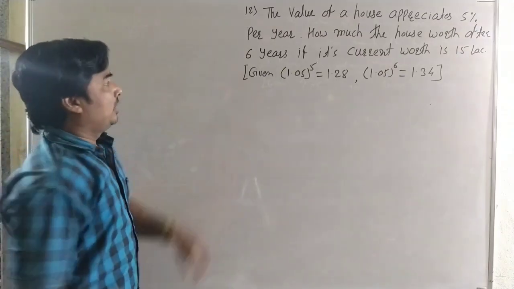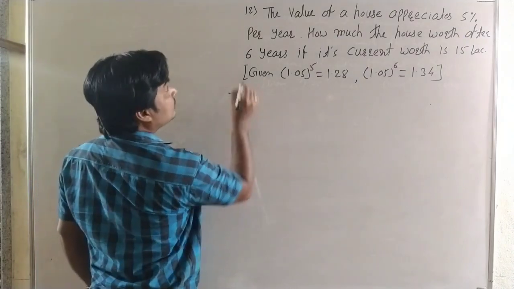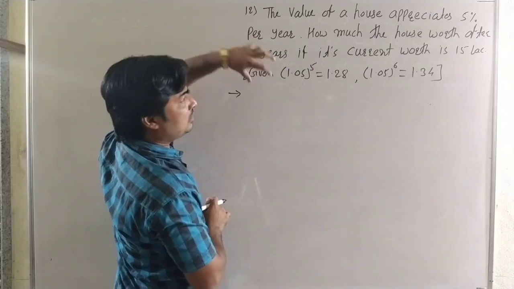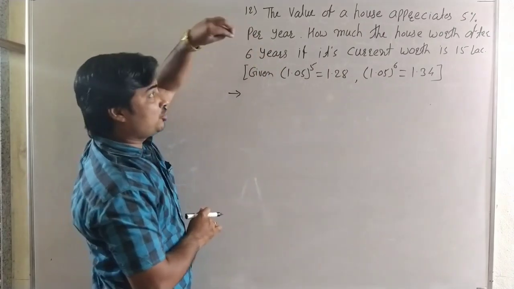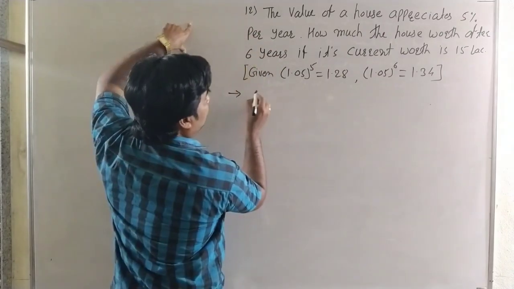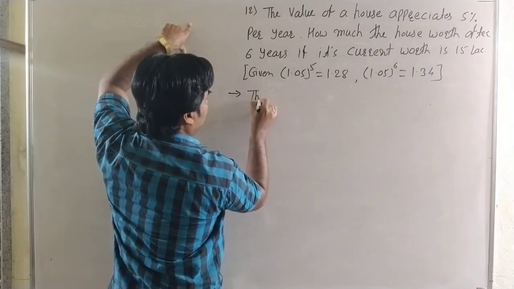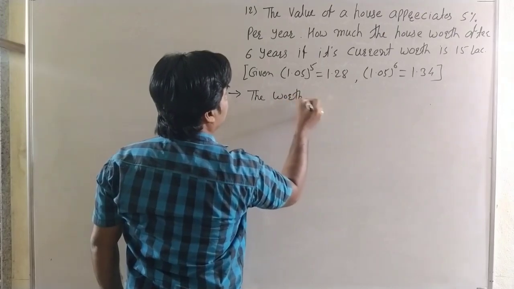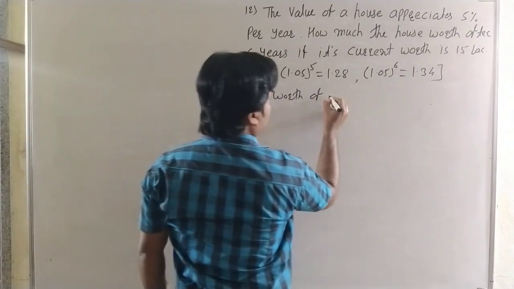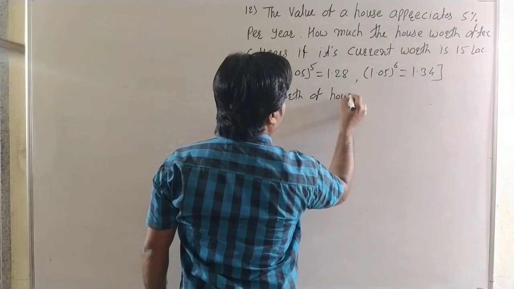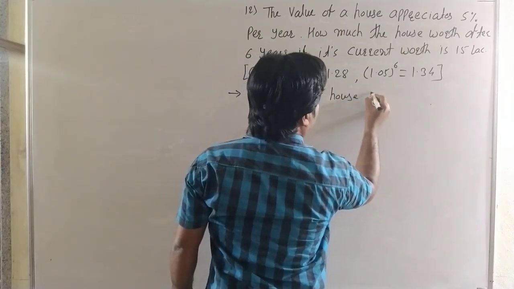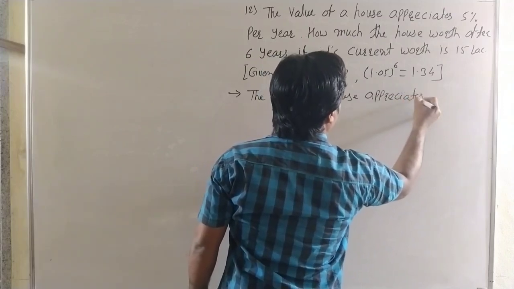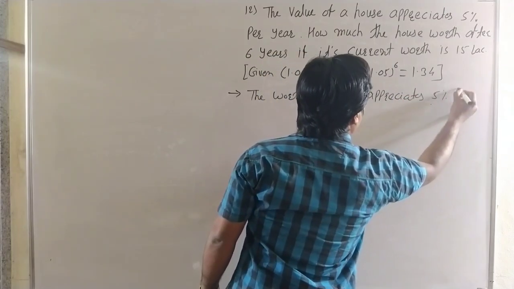Now here the current worth is 15 lakh. It is the first term, but first we write that it is a geometric progression. The value or worth of the house appreciates 5% per year.